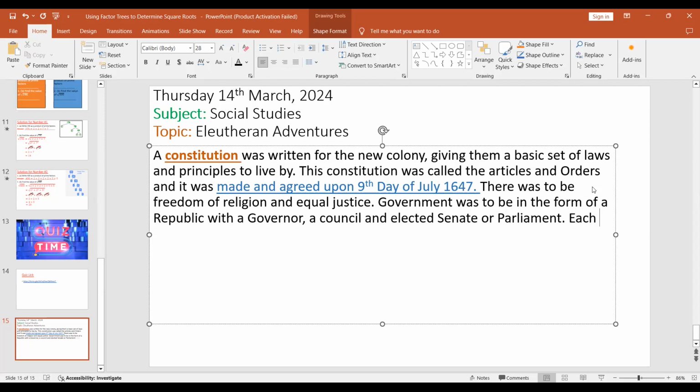Each new settler who contributed 100 pounds, so that's how they measured it, would receive 300 acres of land. Now, even though that was their plan, obviously those things didn't occur.